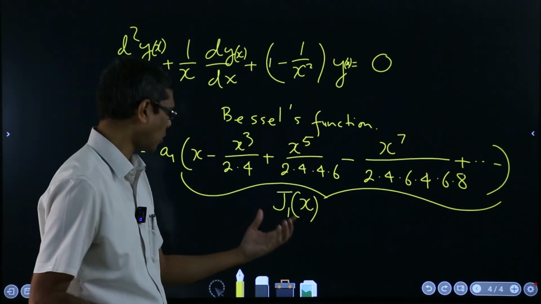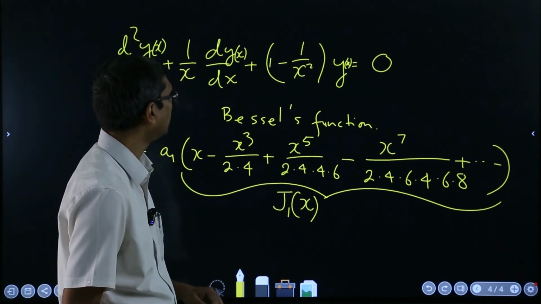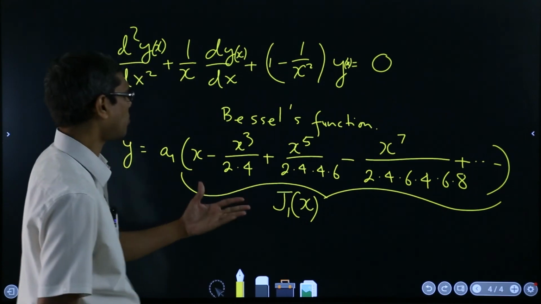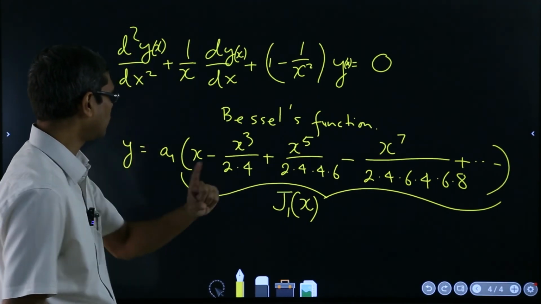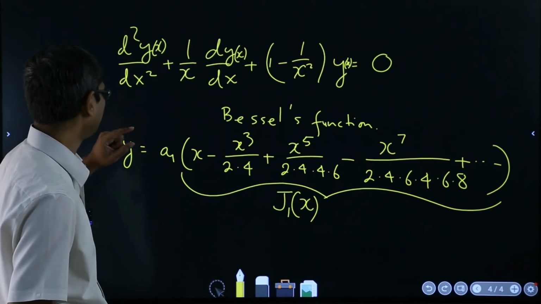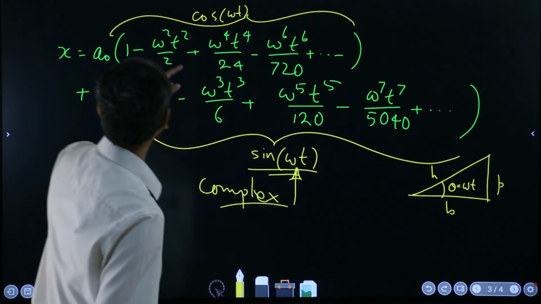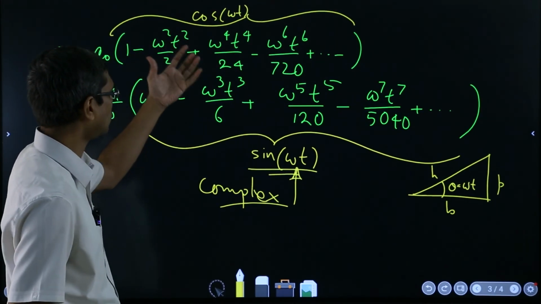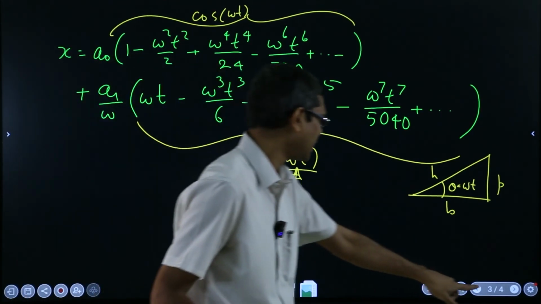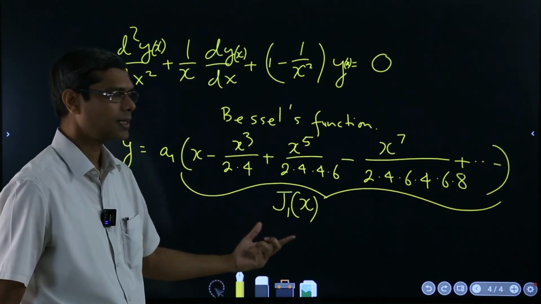We will come to them later. There are many more properties, why this one, from where it has come, and what are the properties of such functions. One more important point I want to point out here: in the previous case you got two parts, cos and sine, and here I have mentioned only one part, the Bessel function.